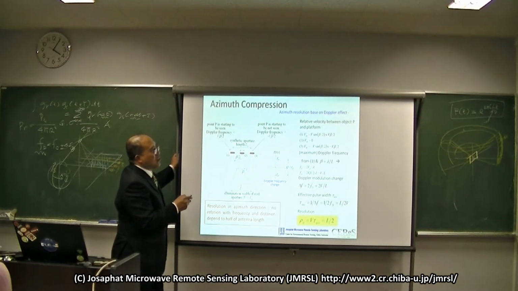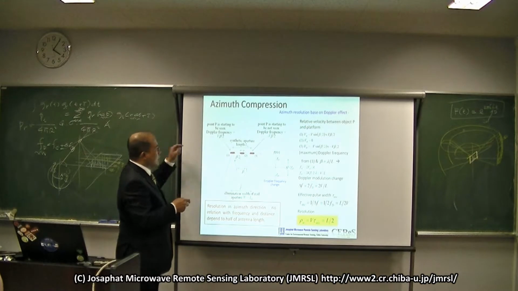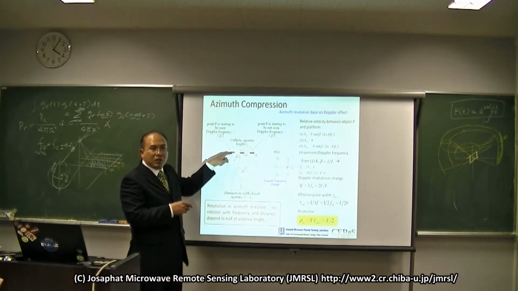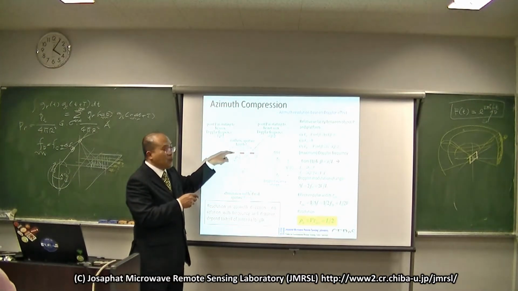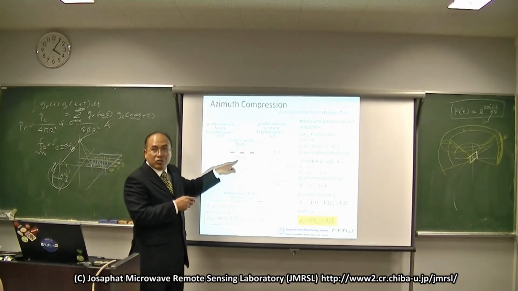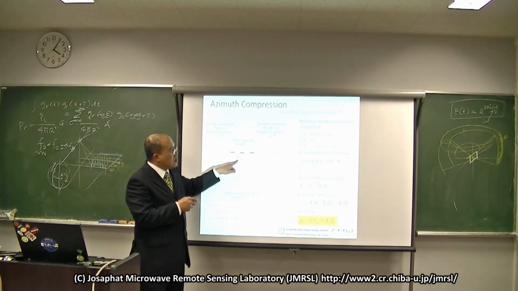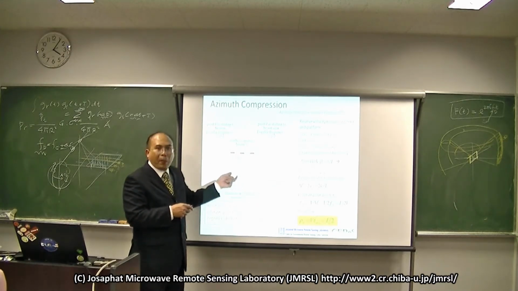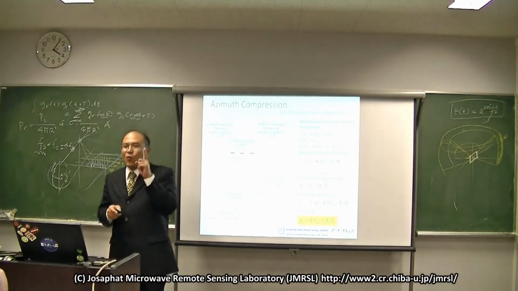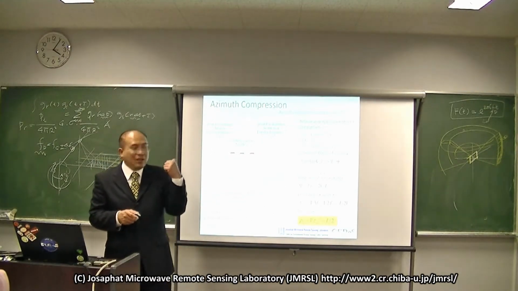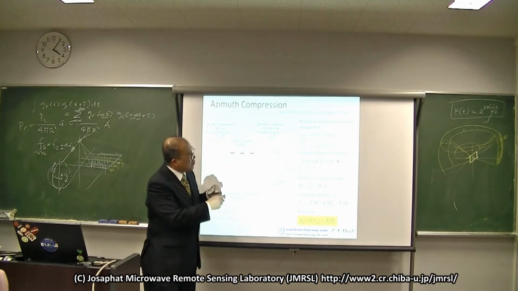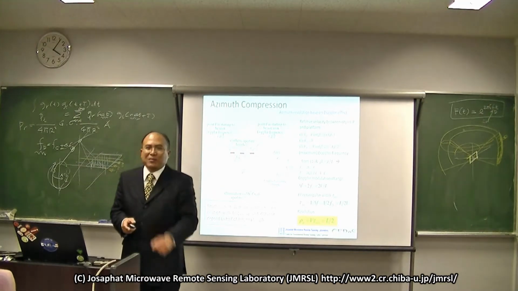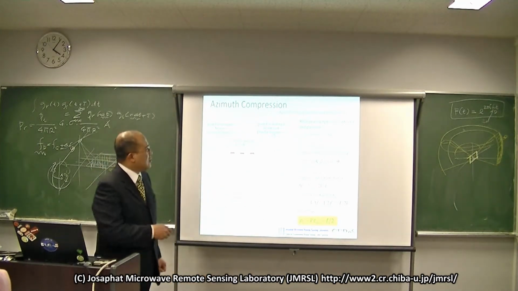Then we can derive that the relative velocity at this point is Vd equal to V, the speed of the satellite, times sin of beta divided by 2. Because beta here is just 1 degree, it's half a degree, and sin of half a degree is almost half.